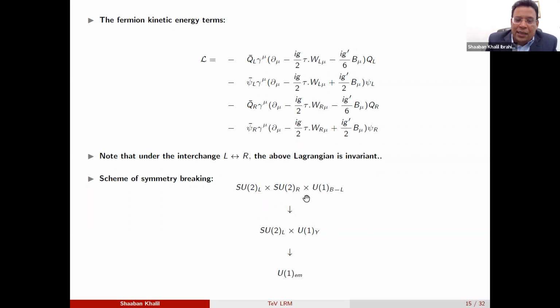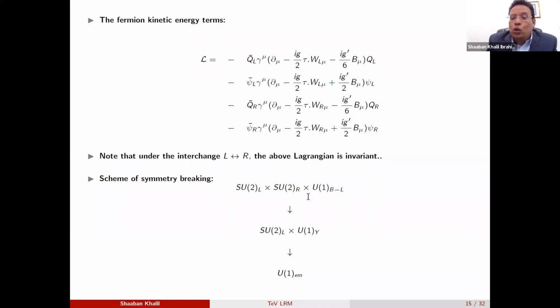Then at lower scales, you will have SU2 left cross U1 hypercharge. And from this one, you break this with the Higgs doublet. Remember, what we need to break the SU2 left cross U1 in the standard model is the usual Higgs doublet, scalar in the fundamental representation.